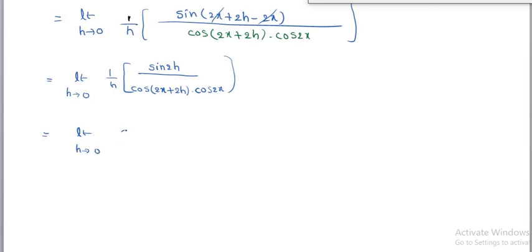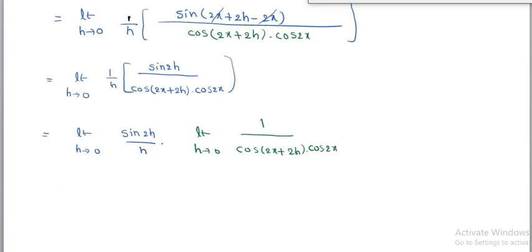I will write sin 2h divided by h as one part. Limit h tends to 0, 1 by cos (2x plus 2h) cos 2x. So next I will apply it.